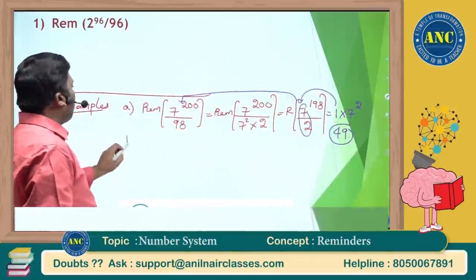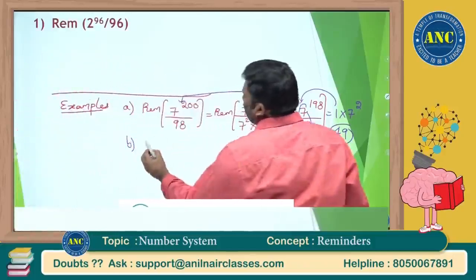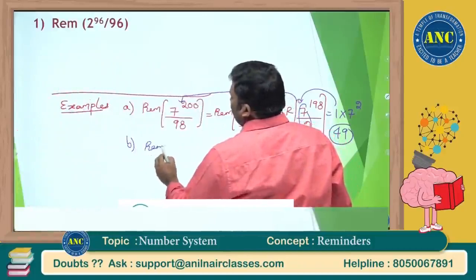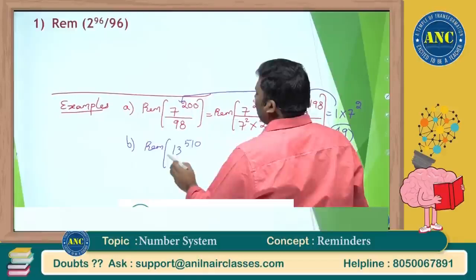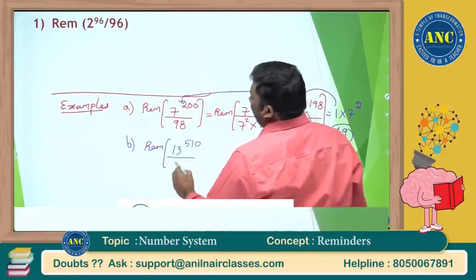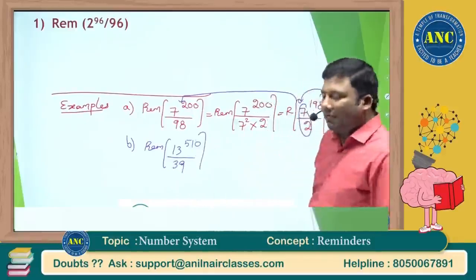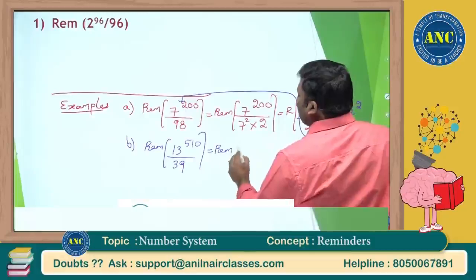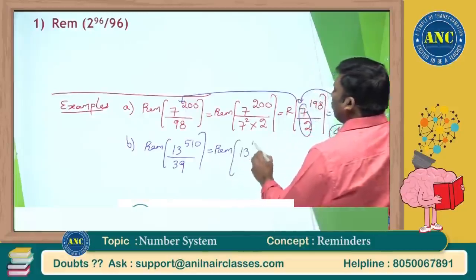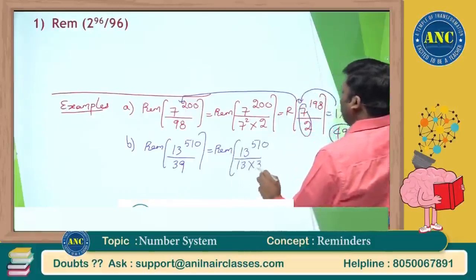Next one, B question. There is no depth to the question. A lot of questions I will take. 13 power 510 divided by 39. 39 is nothing but 13 into 3. 13 power 510 divided by 13 into 3.